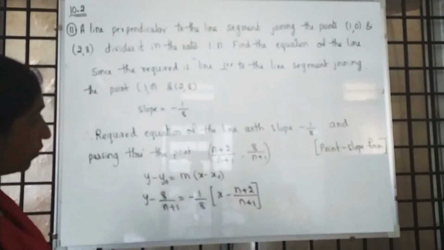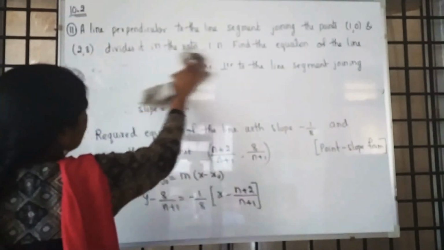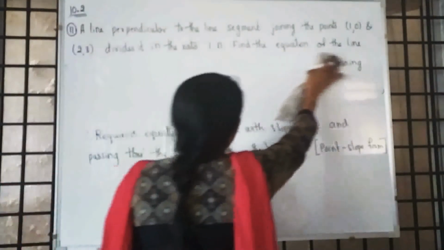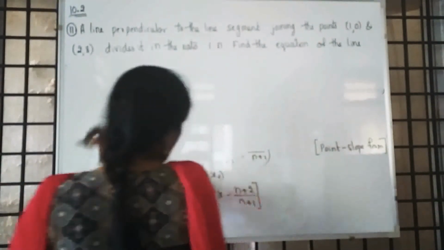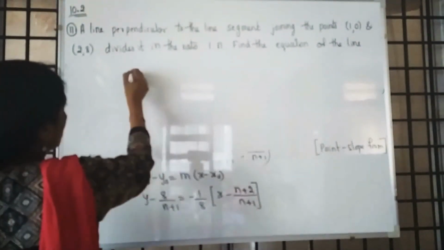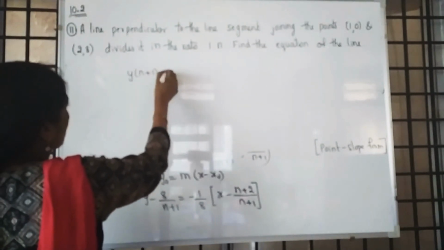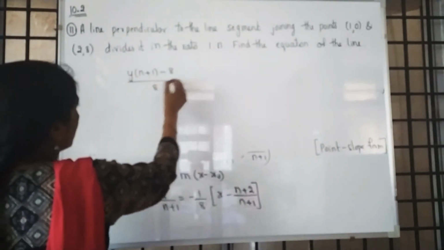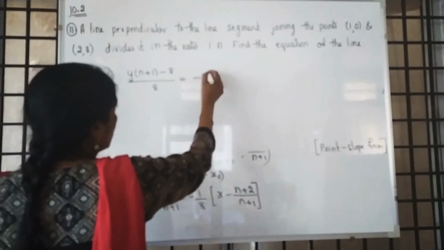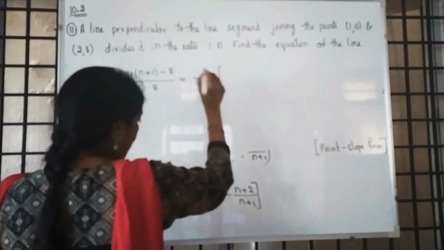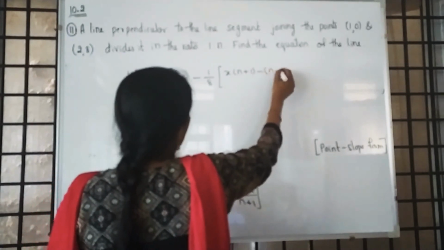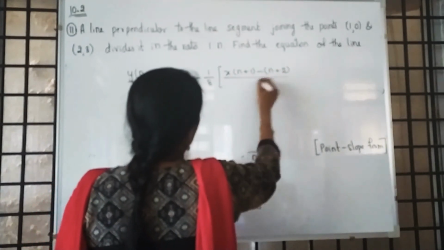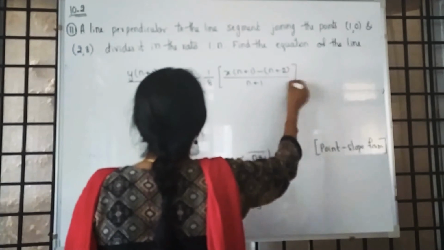Take the LCM on both the sides. y into (n plus 1) minus 8, divided by 8, is equal to minus 1 by 8 times x into (n plus 1) minus (n plus 2), divided by (n plus 1).